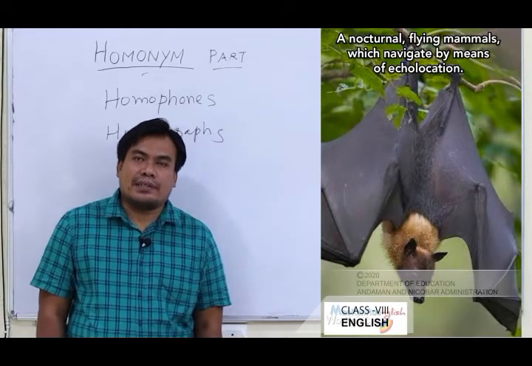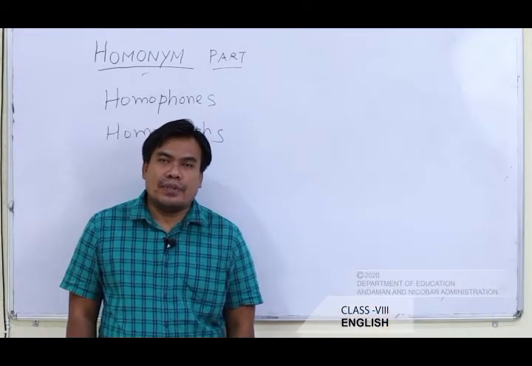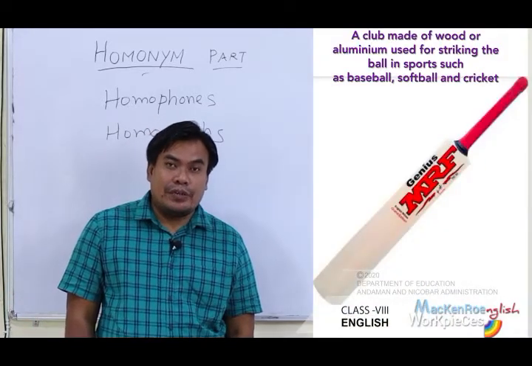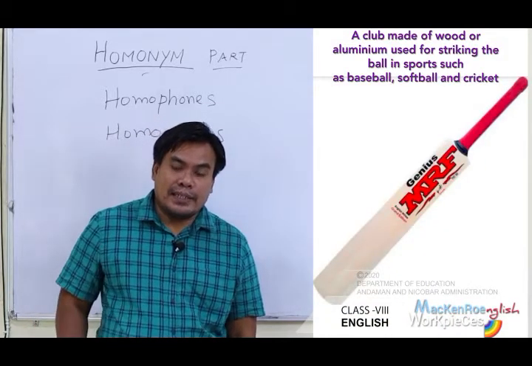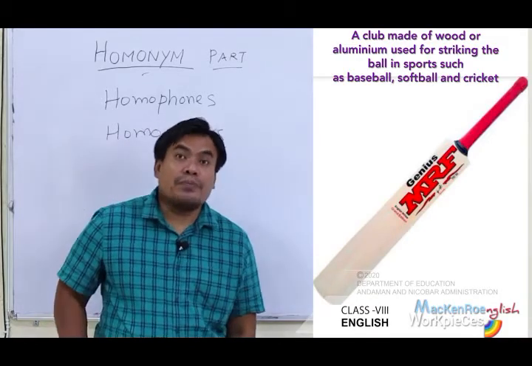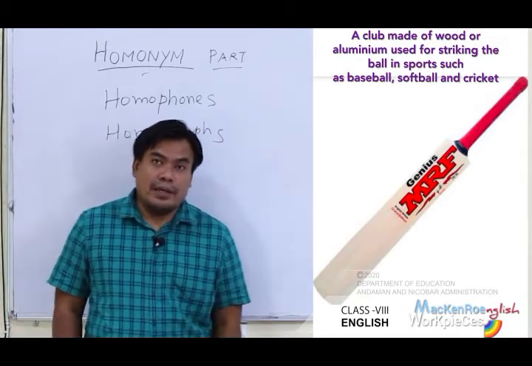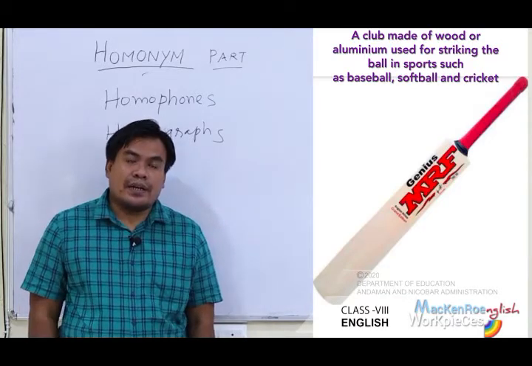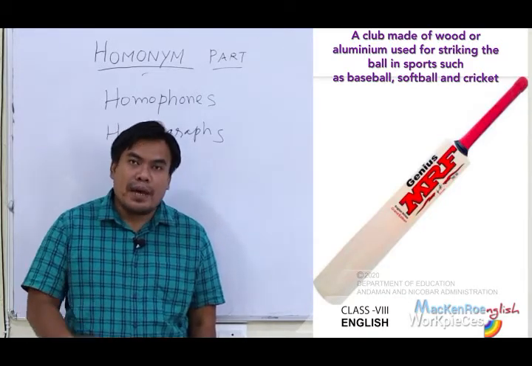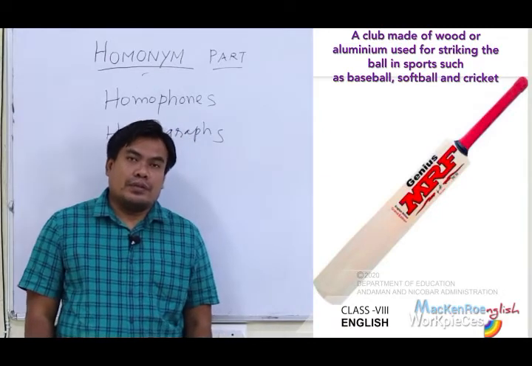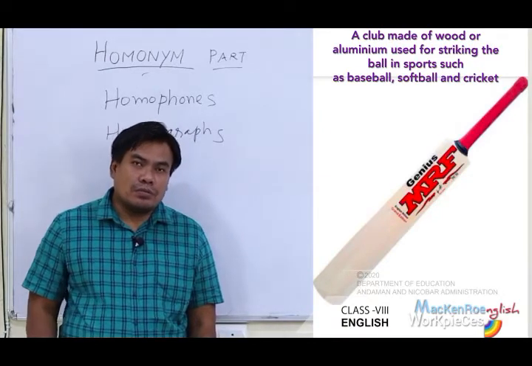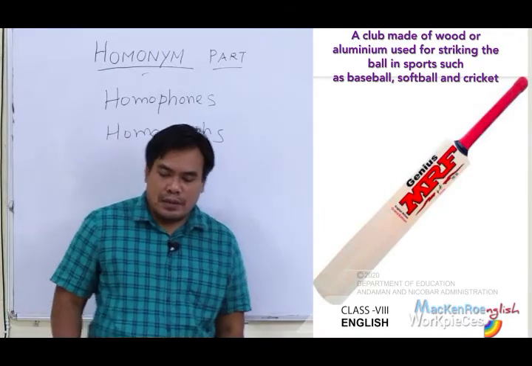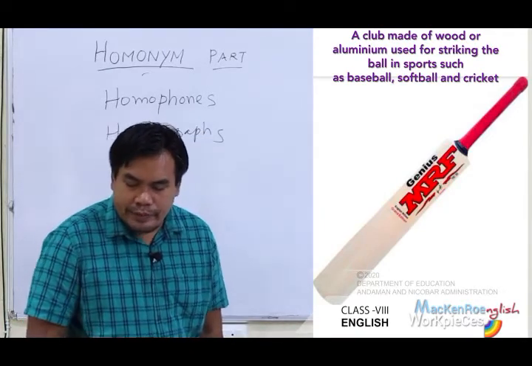B-A-T, bat. Now think of the other one, bat. Yes, you know that very well. It's a stick to hit a ball. You can see the cricket bat on the screen right now. Those are homonyms because they have various meanings. Okay, move on to the next one.